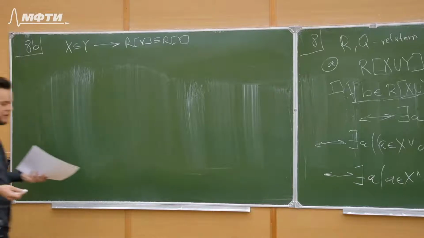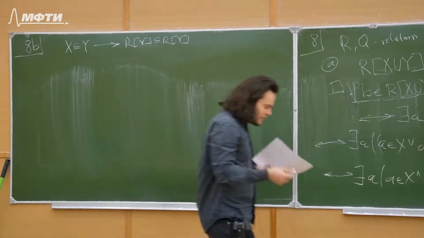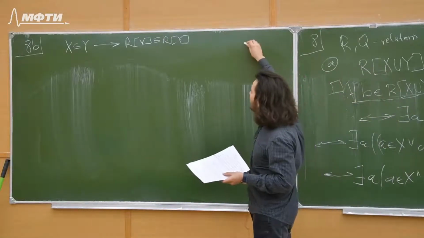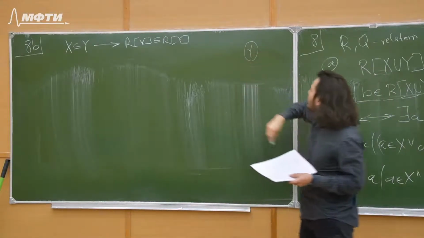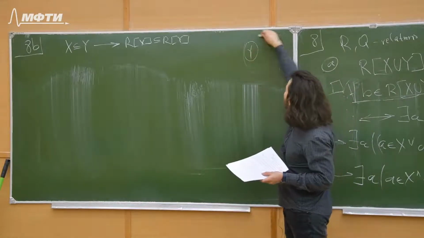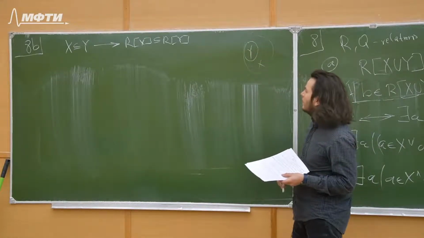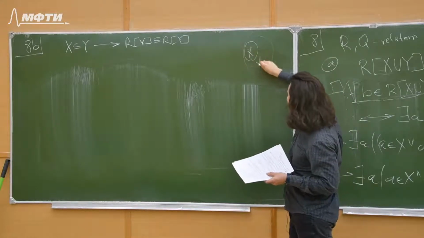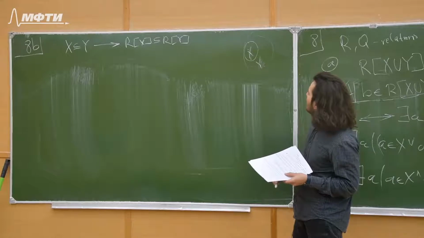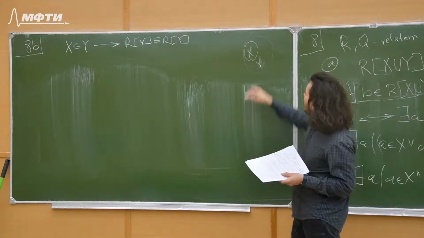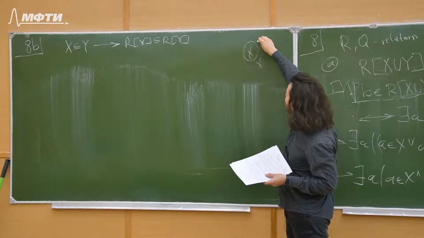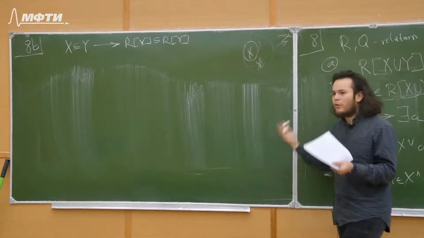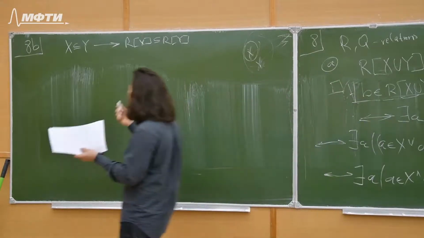So we can see that this is true, of course. I mean, if we have some Y here, and X is a subset of Y, then of course the image of X is going to be a subset of the image of Y. So we can see that from here, but still we have to prove it.